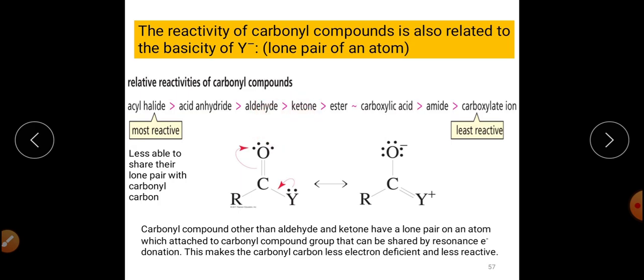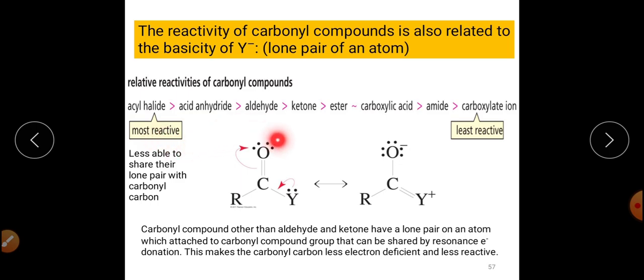So if we put all these compounds containing carbonyl group into a single category, then we come to the conclusion that acyl halides are most reactive among them, followed by acid anhydrides, then aldehyde, then ketone, then ester, and ester and carboxylic acids both have comparable reactivity, followed by the reactivity of amide, and then the least reactive is carboxylate anion.